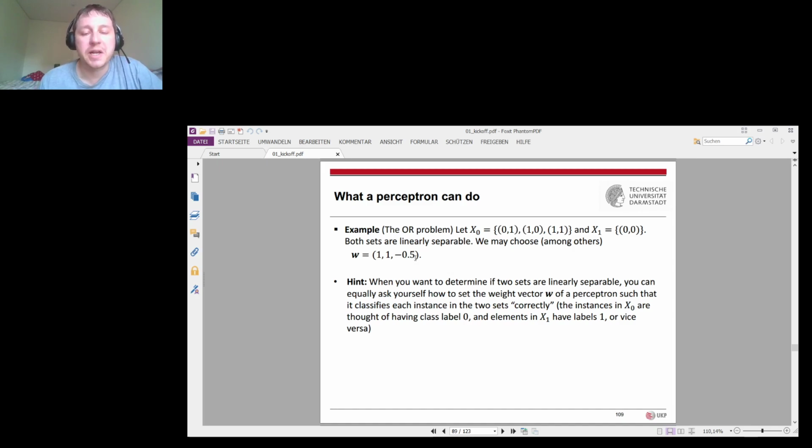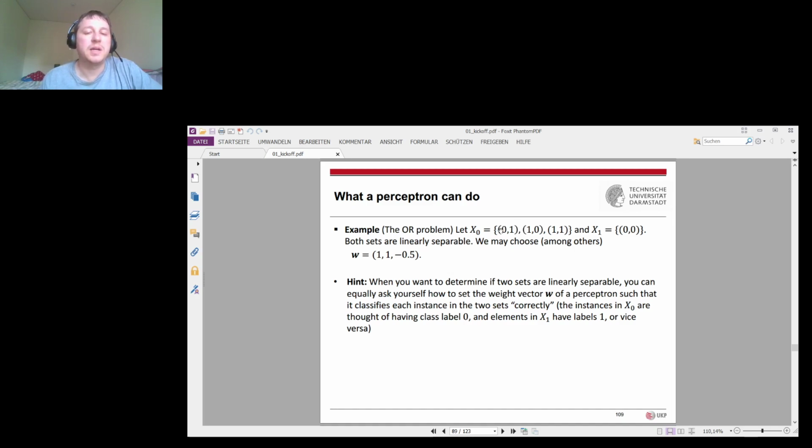Let's do a quick check that this is actually true. Does it really follow that all the points in x0 are on one side and all the points in x1 are on the other side? So we do the calculation. We multiply this point here and we add a 1, because we have to add the 1 in the last component.